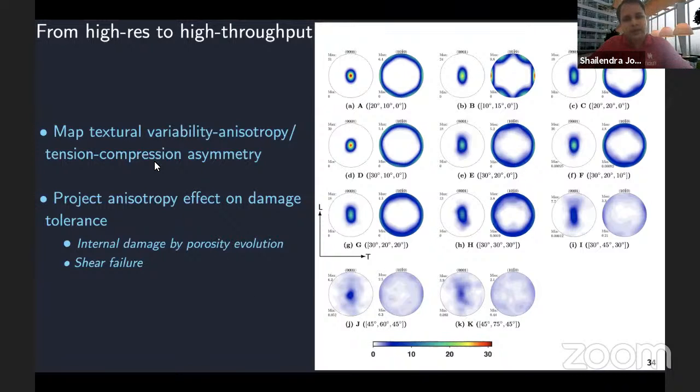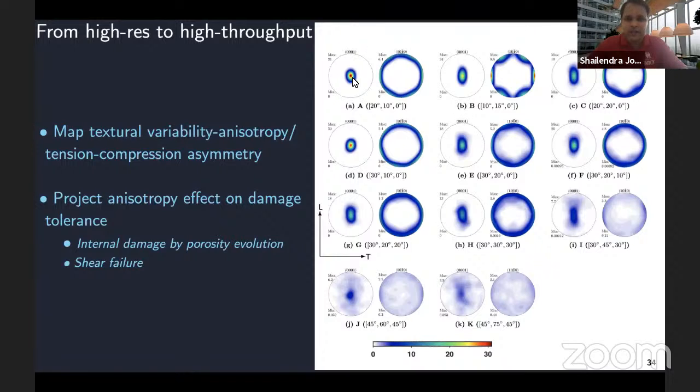First, try to collate all the responses to understand the role of textural variability on the macroscopic anisotropy and tension compression asymmetry in polycrystalline materials by doing systematic numerical experiments, and then project the role of the macroscopic anisotropy and tension compression asymmetry on damage, either by porosity evolution or by shear instability.